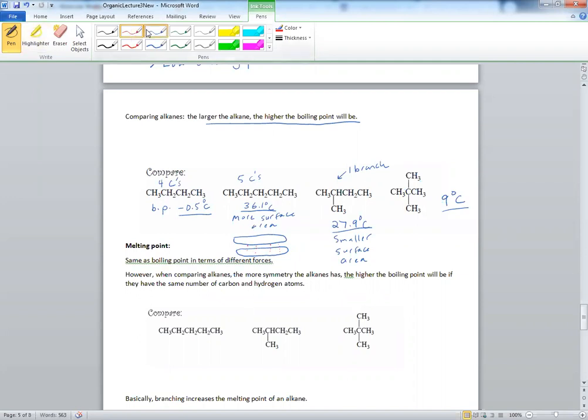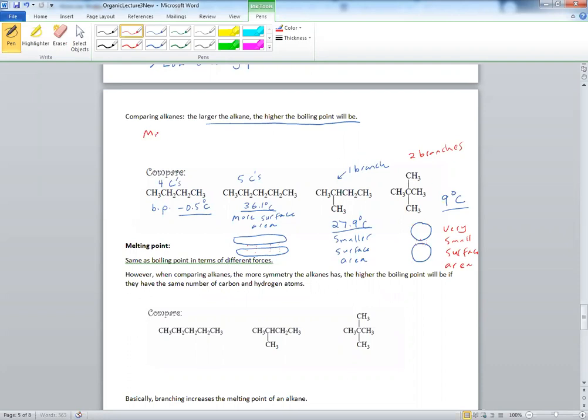Whereas this one, if you were to draw it, would look like 2 spheres right here, and again, there's a less surface area interaction. So very small surface area. That's why the branching here, we have 2 branches, resulted in a dip of the boiling point. So with more branching, lower boiling point.